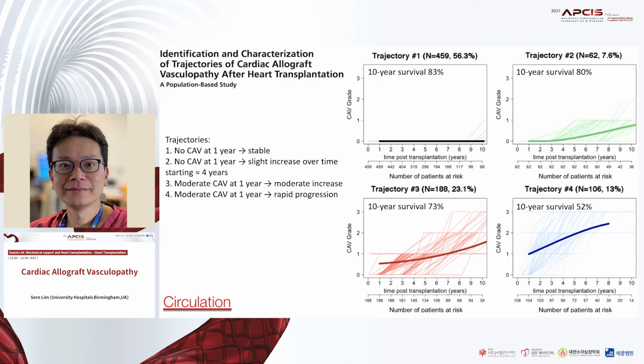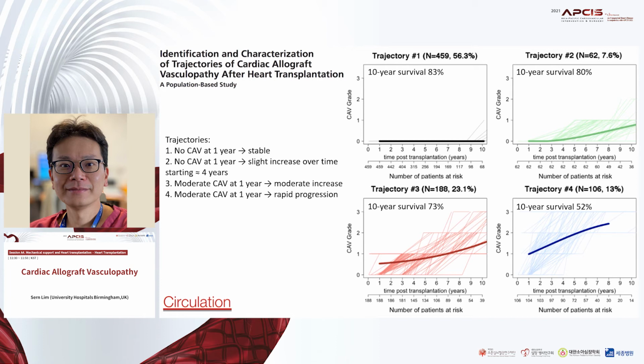But once you start getting into trajectory 3 and 4, where they develop early vasculopathy at year 1, the prognosis at 10 years tends to be much worse, particularly if there is rapid progression, as shown by my first case earlier on, when they develop vasculopathy within the first few years of heart transplantation.